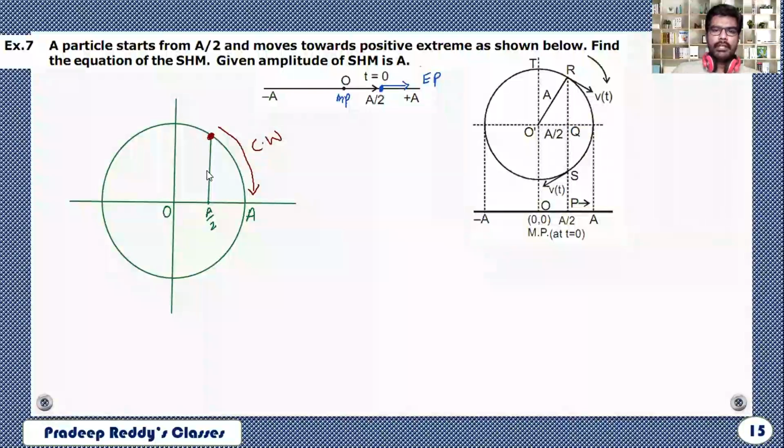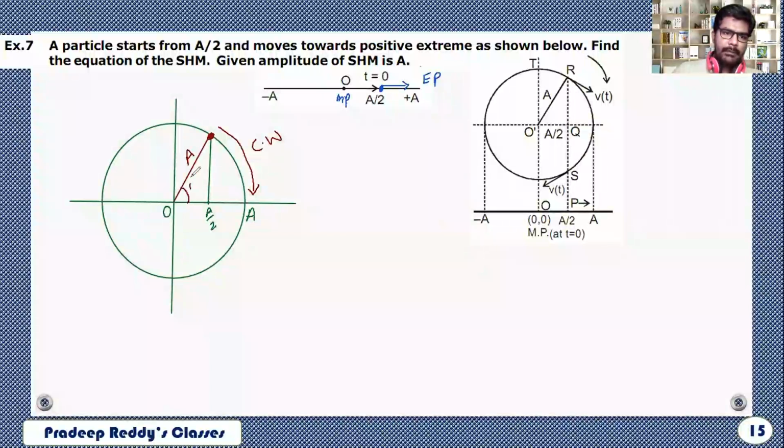Now I want to write down the equation of motion of this particle. So I'll construct one triangle here. This length is obviously the amplitude a, and this is the initial phase of the particle.